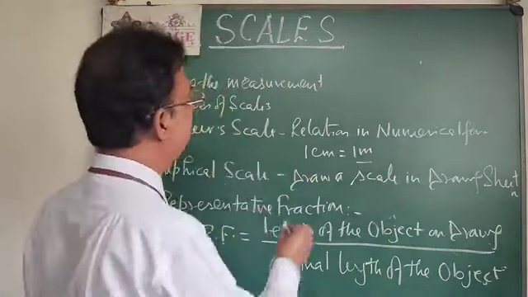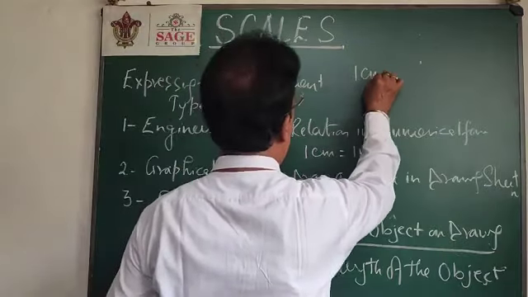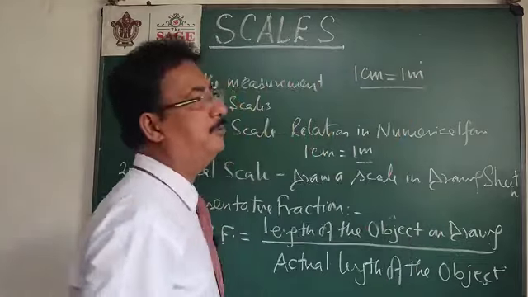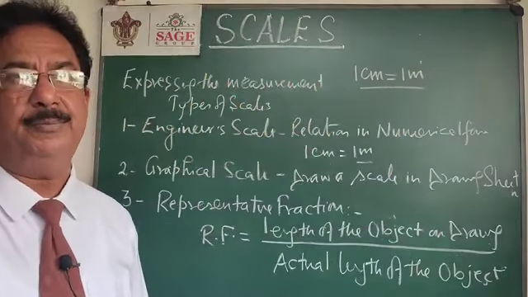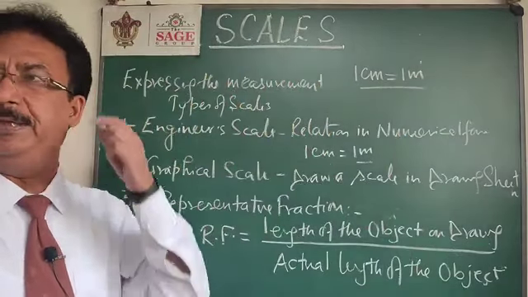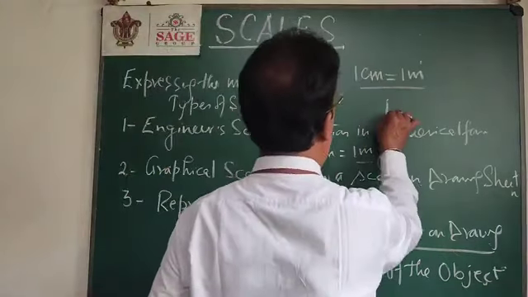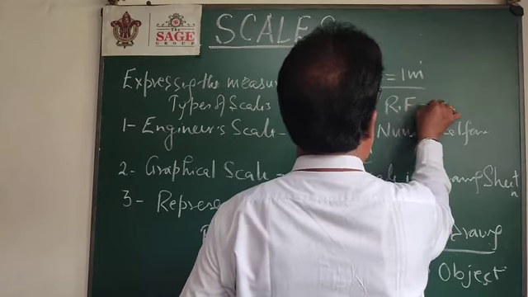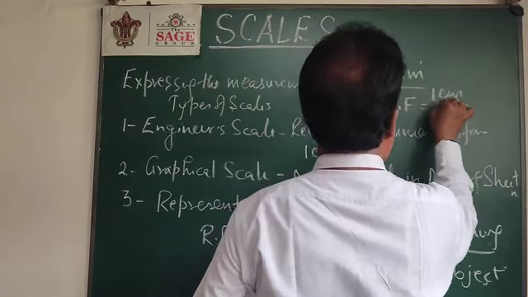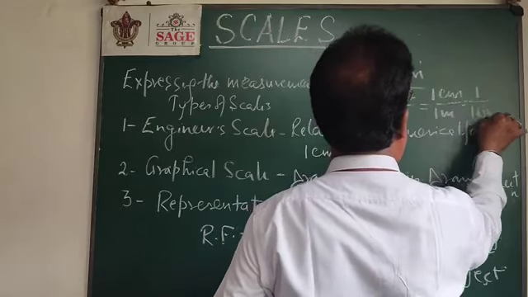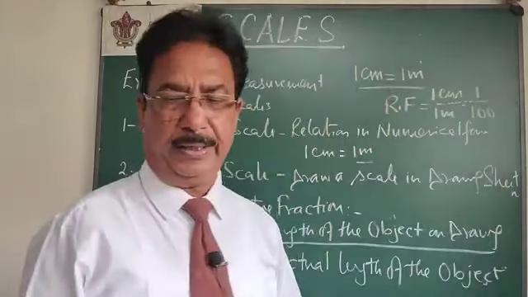Suppose for 1 centimeter equals 1 meter, I want to find the RF. Then RF is 1 centimeter upon 1 meter, and as you know 1 meter equals 100 centimeters, so the RF is 1 centimeter divided by 1 meter, that is 1 upon 100. So this is the way to find out the RF.